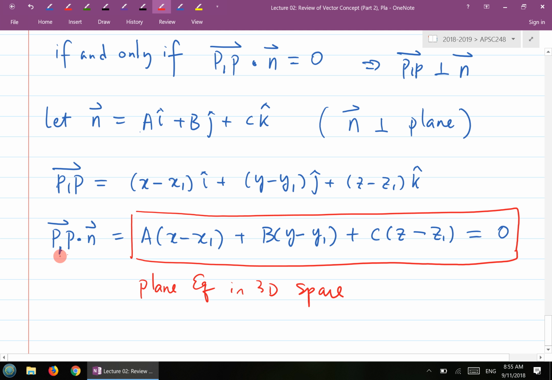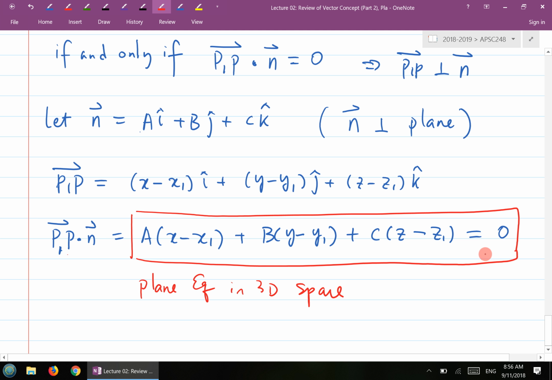So now let's think backwards. If the question is to derive the plane equation based on a certain given condition, I don't know what kind of condition, but say you are given one, then in order to derive the plane equation, the first step is you write this down.